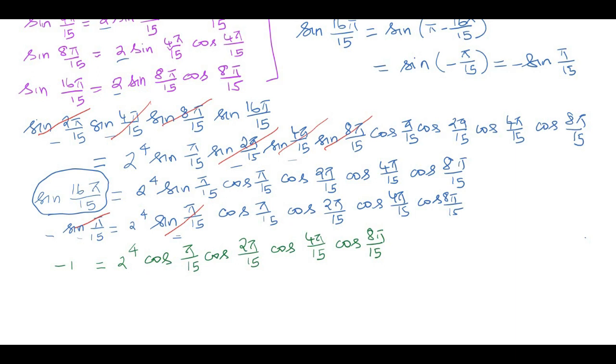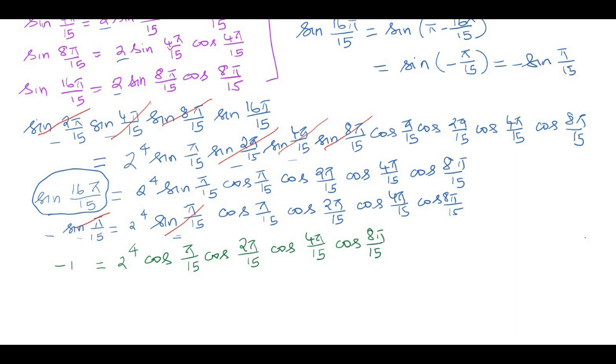Now you can see here certain factors are missing on the right side. Pi by 15 is here, 2 pi by 15 is here, but 3 pi by 15 is not there, 7 pi by 15 is not there, 6 pi by 15 is not there. So we will see how to proceed after this. Okay.